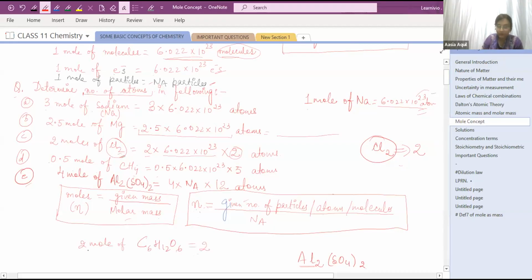The number of moles, which is 2, into Avogadro number into the total number of atoms in this. Six carbons, 12 hydrogens and 6 oxygens, right? So 6 plus 12 plus 6 is 24. Just likewise, you have to do that.